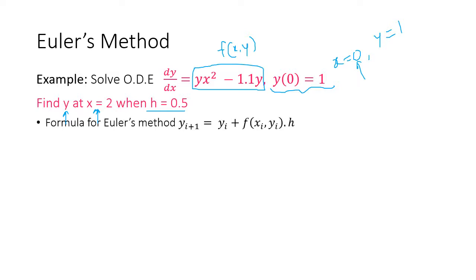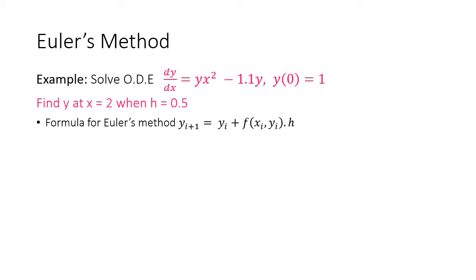We know that the formula for Euler's method is y i+1 equals y i plus the function on the right hand side of this equation times the step size h, which is 0.5 in this example. I'm going to rewrite this formula in a form that is easier to understand.